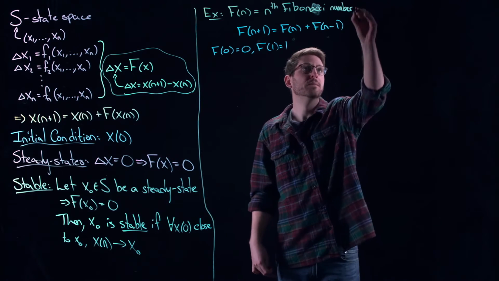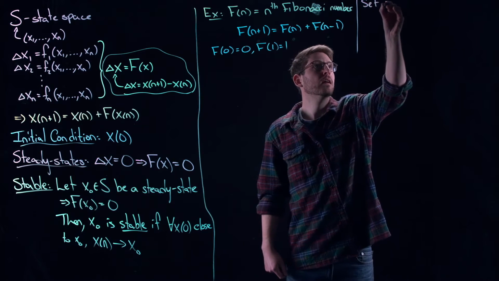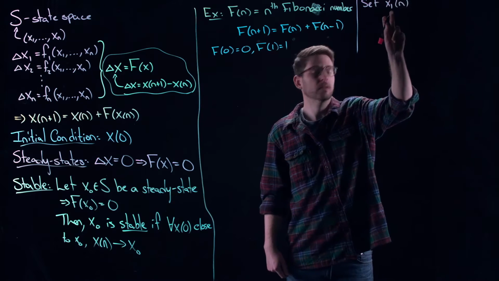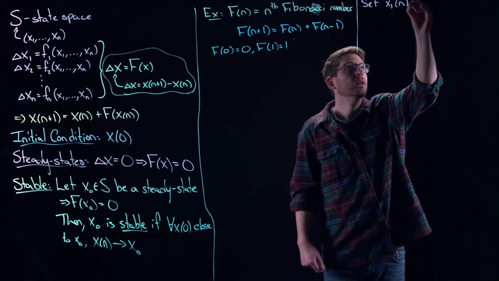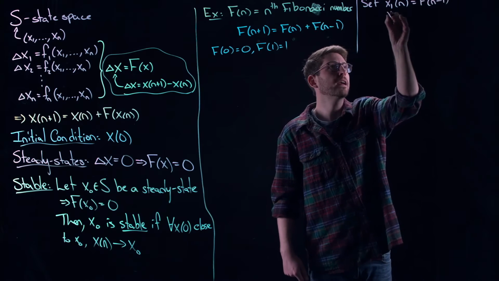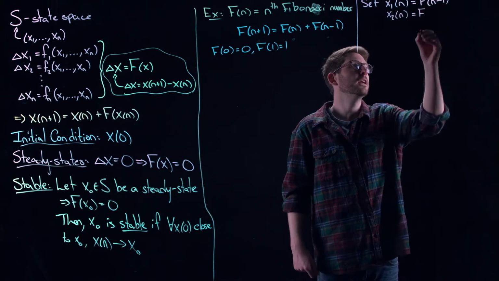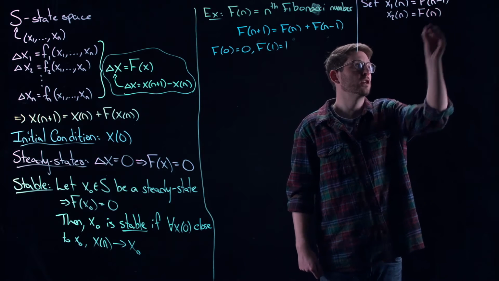Well, here's what I could do. I could set x1 of n, the first variable, equal to the previous Fibonacci number. And I could set x2 of n equal to the current Fibonacci number.